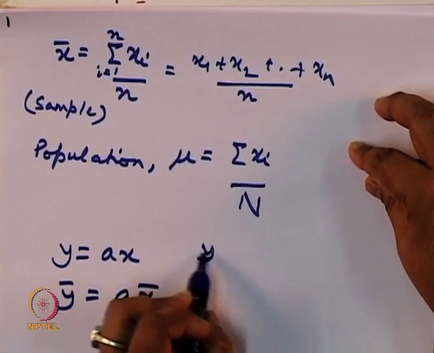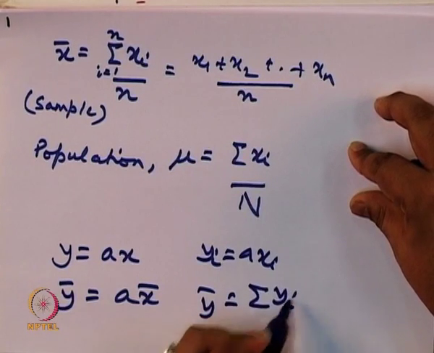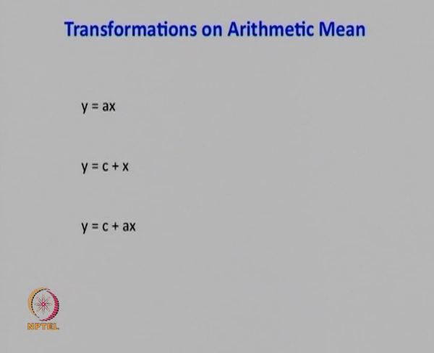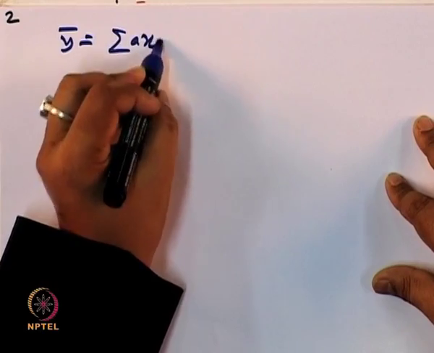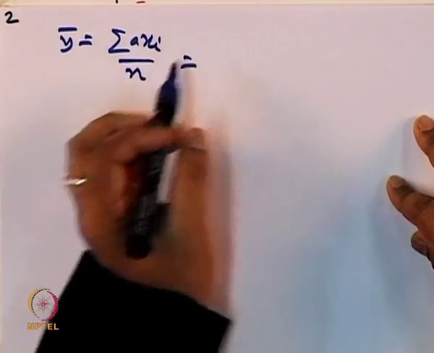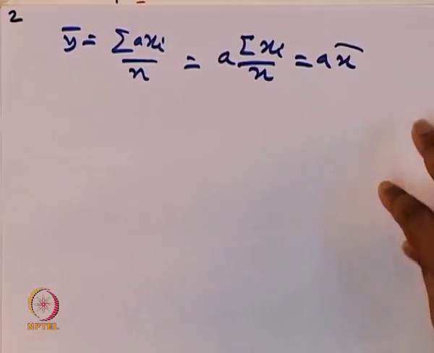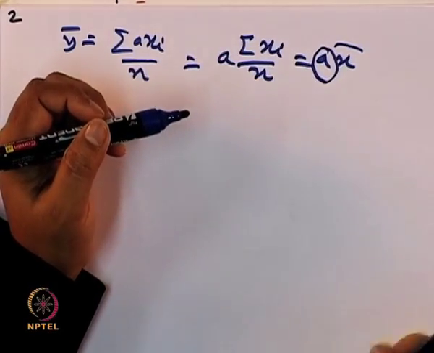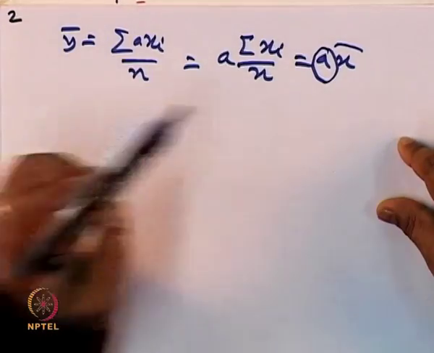Because if you have yi equal to a xi, then y bar is defined by summation of yi by n, which is equal to summation of a xi by n. Since a is a constant, we can take it out and write summation xi by n, which is equal to a x bar. So, in other words, when you have a prefactor a multiplied with x, and that is how you calculate y, you simply multiply a with x bar to obtain the value of y bar.